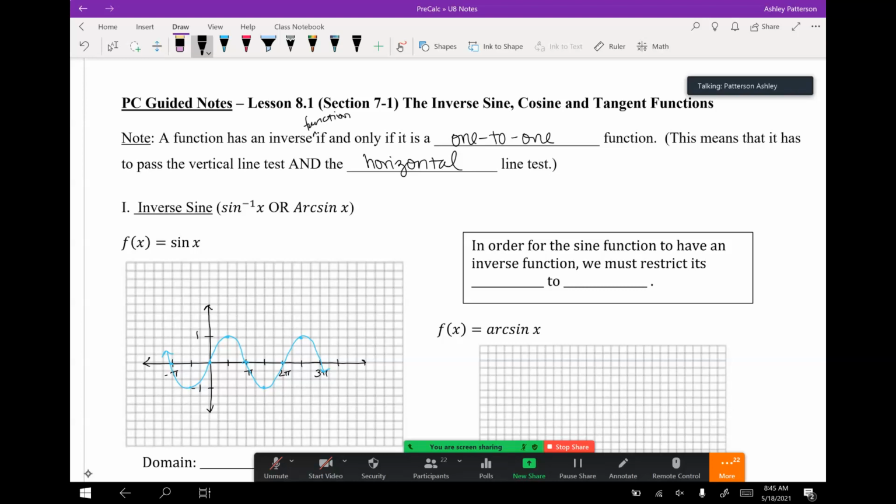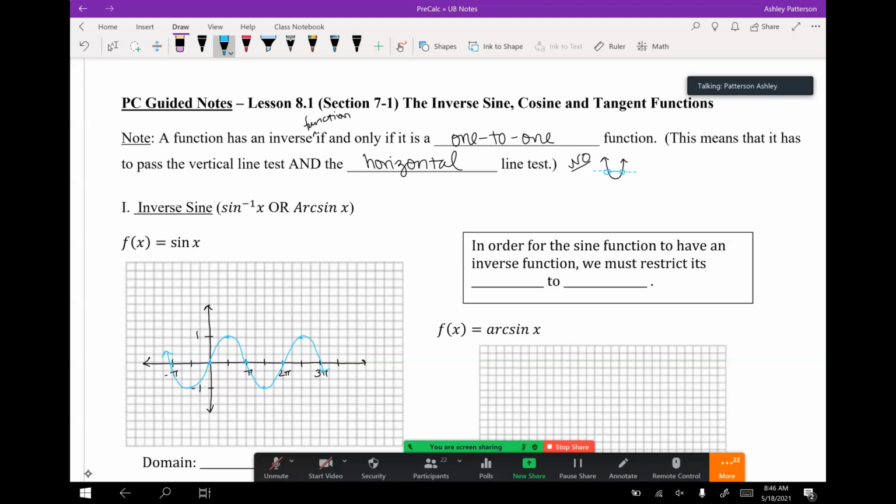The mathy definition behind this is for every x, there is one and only one corresponding y. Okay, that's the function piece. And in reverse, for every y, there is one and only one corresponding x value. So we would say not one-to-one is a parabola. Yes, it does pass the function vertical line test, but if I were to test it with a horizontal line test, I have two x values that correspond to one y value.